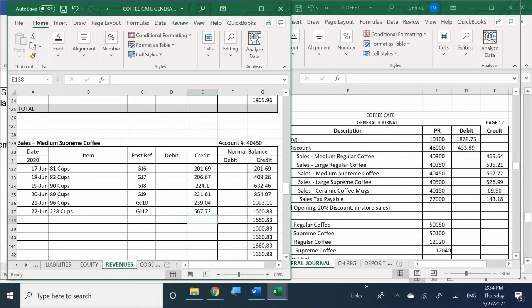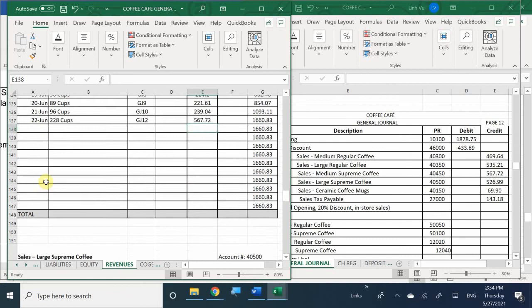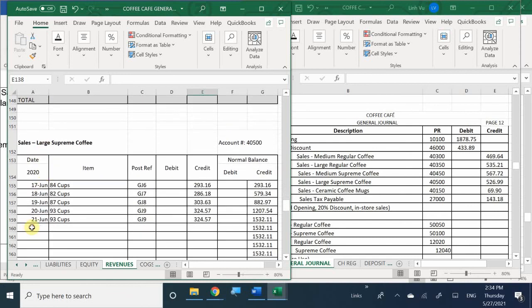Now we're going to move down to our sale of our large supreme coffee, 6/22. We sold 151 cups. General Journal 12.